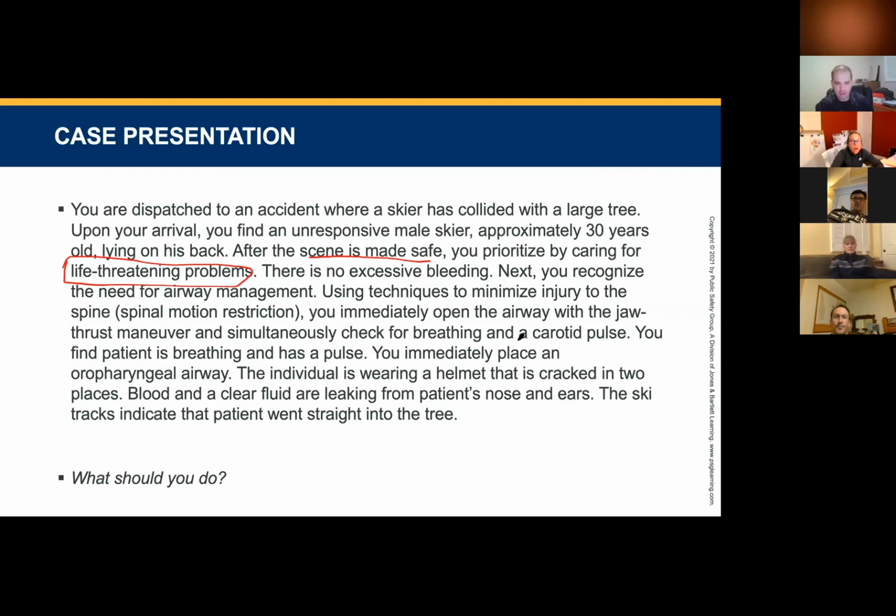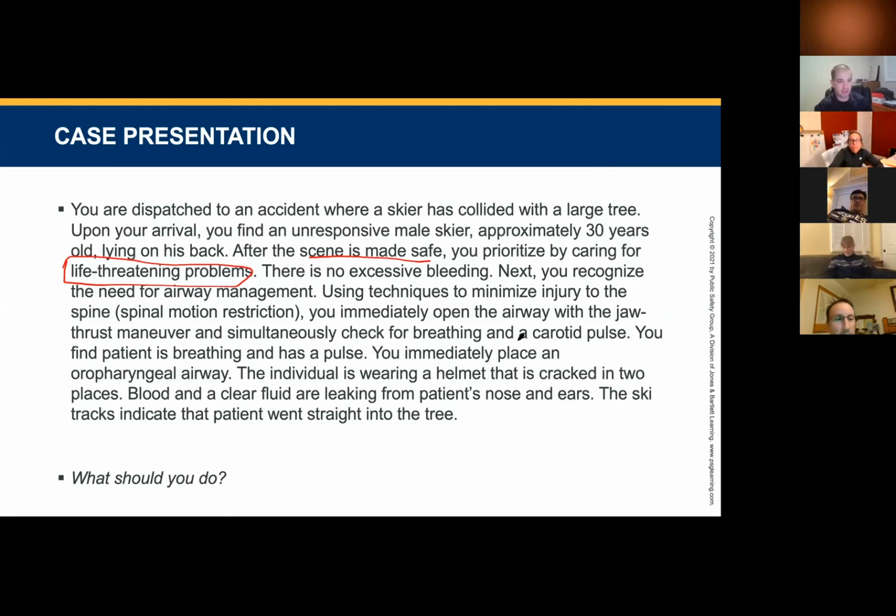And then we go ahead and we place an OPA. What does placing an OPA tell us? Their airway is going to stay open? So it tells us their airway is going to stay open, but what else? If the patient accepts that OPA, what else does that tell us? He's unconscious, unresponsive. He can't feel pain. If he can accept it, he doesn't feel any pain.